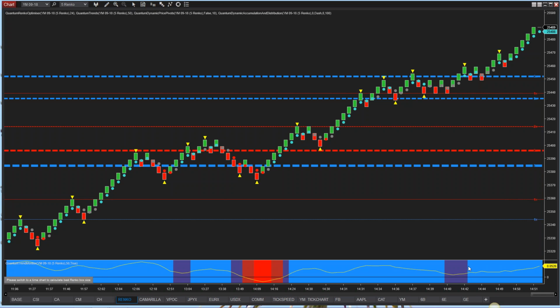And it's one of the hardest things to do, to stay in a position when it starts to move into a congestion phase or starts to reverse against you. That is the hardest thing to do in trading, bar none.